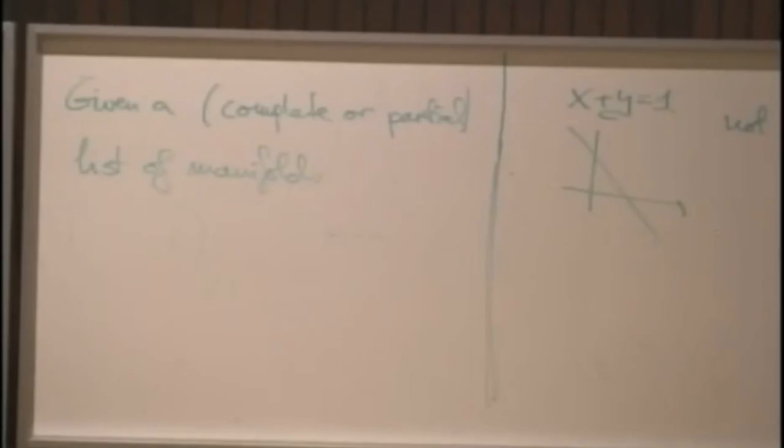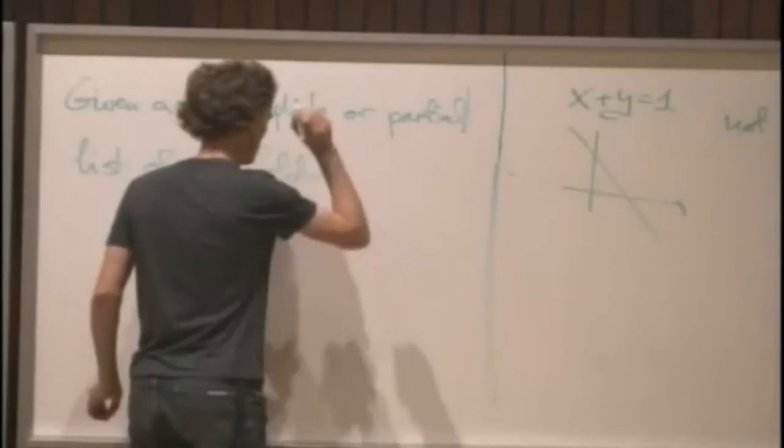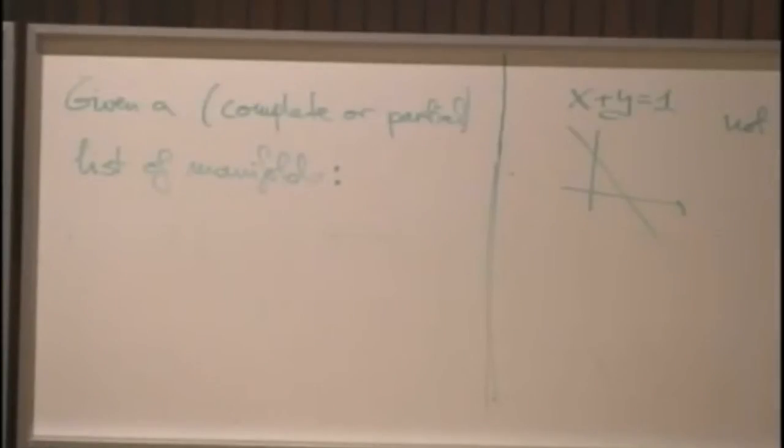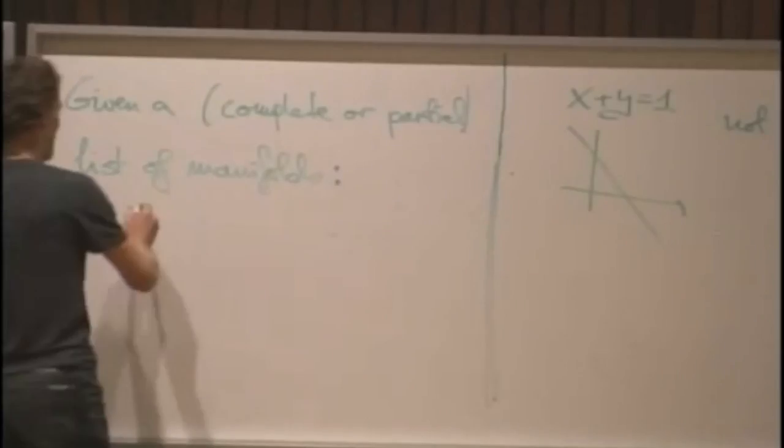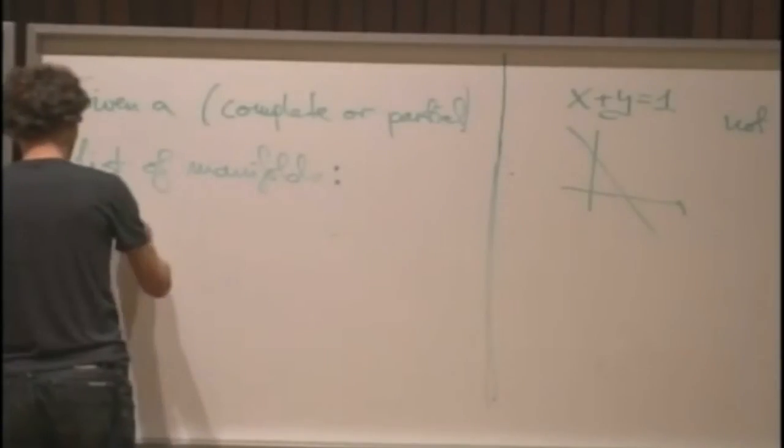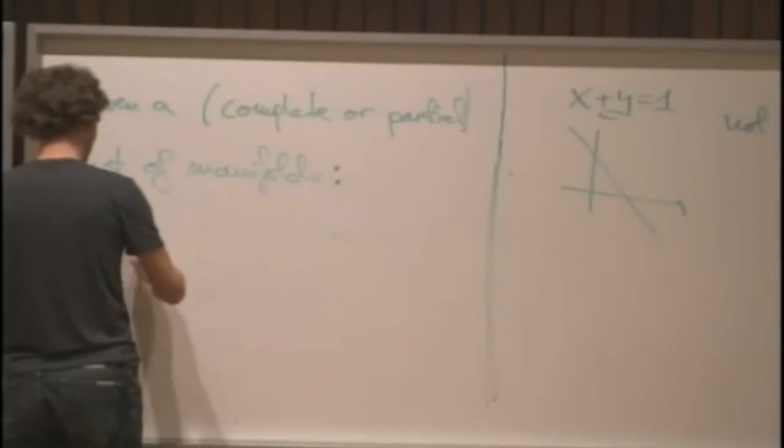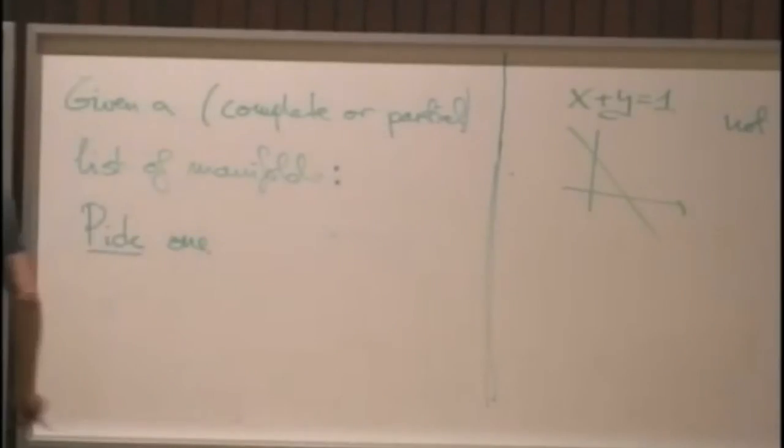Or maybe some extinct species. So you can pick one, maybe you like dimension 2, you say, I pick this one, and there are many manifolds diffeomorphic to that.